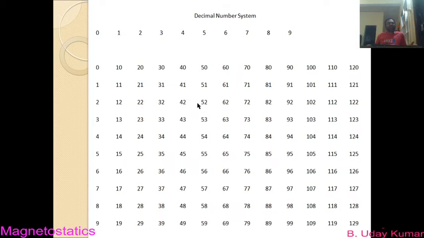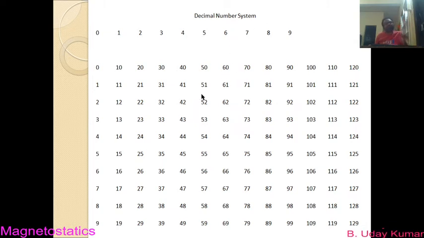system. You may be thinking that we know how to write decimal numbers, but remember, we have been learning how to write the decimal number system right from our childhood days. Unfortunately, most of you don't know the logic of writing this decimal number system.